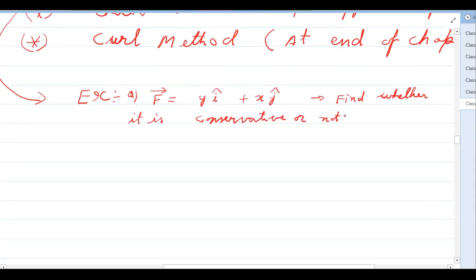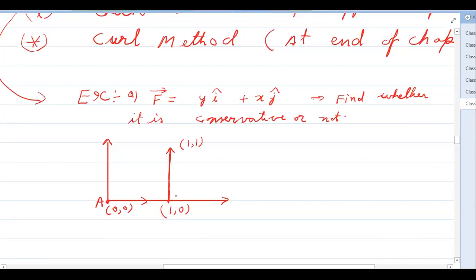So how do you find it? We can choose two different paths and calculate the work done. Suppose the particle is starting from point 0, 0 and going to 1, 0, and then going to point 1, 1.